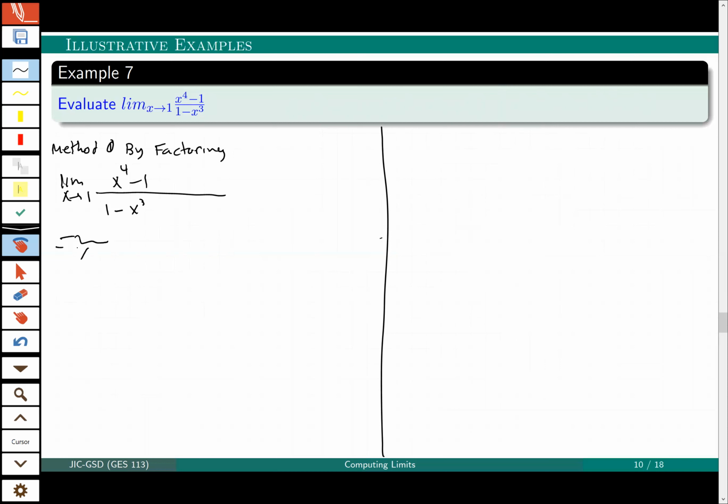That's what we call the difference of two squares: square root of the first minus square root of the second, square root of the first plus square root of the second. And here it is actually 1 cubed minus x cubed, so it will be the first minus the second, first squared plus first times second, which is 1 times x, plus second squared, which is x squared.